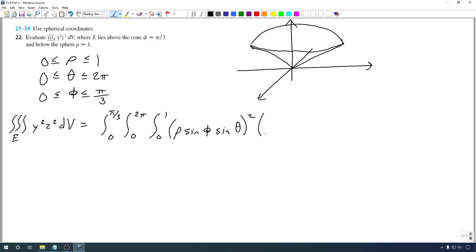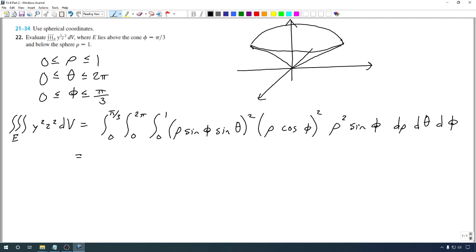Our formula for z is rho cosine phi, also squared. Then don't forget the extra factor, rho squared sine phi, which is always going to be there. And then of course we have d rho, d theta, d phi. Those have to correspond to the same order, or the opposite order, with the limits at the beginning, so 0 to pi over 3 has to correspond to the d phi at the end.